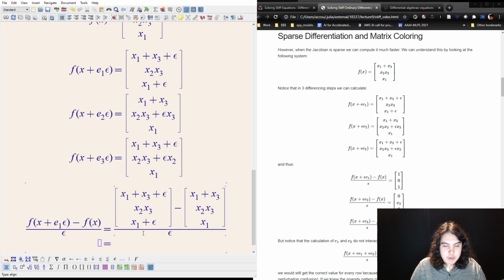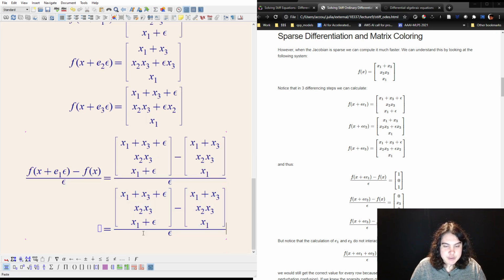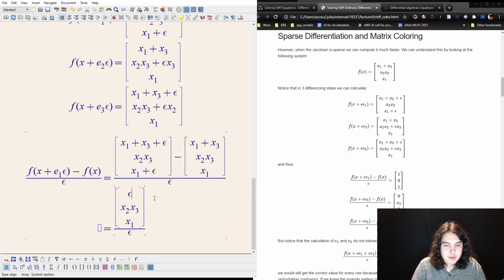Well, when we look at this, this linear stuff is not touched, right? The x plus 1 here shows up here, it also shows up here. So when we subtract this out, this subtracts out, this subtracts out, so we just have an epsilon left up here. And notice really clearly that you don't have an epsilon that shows up here at all, so you get a true 0.